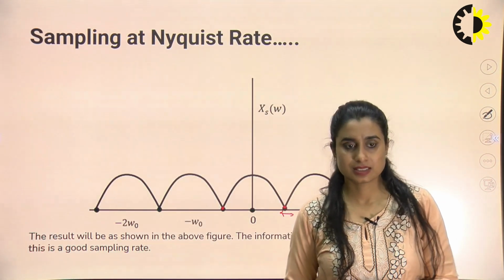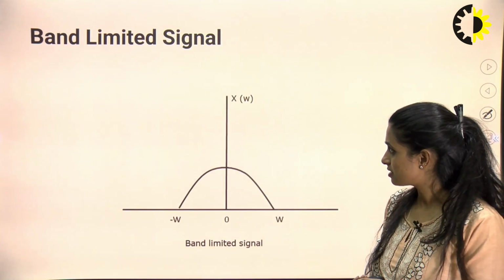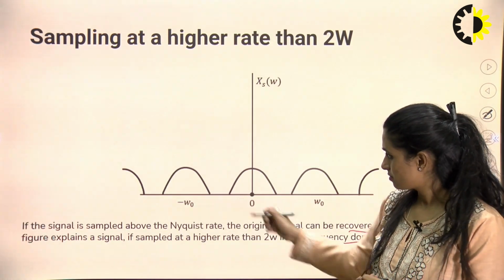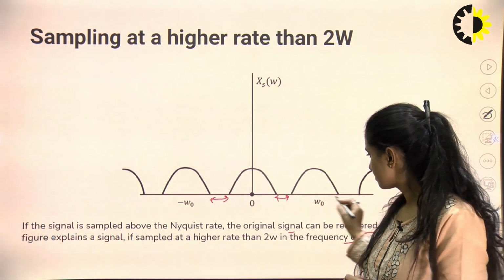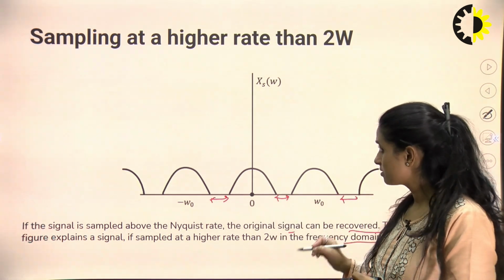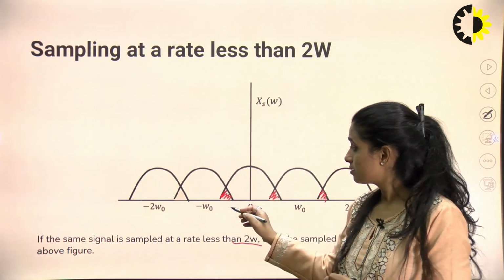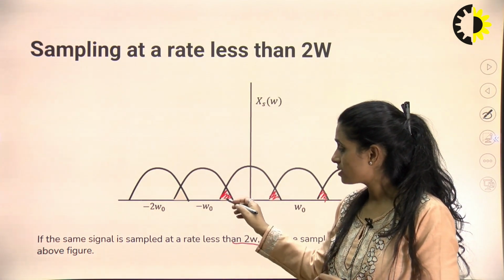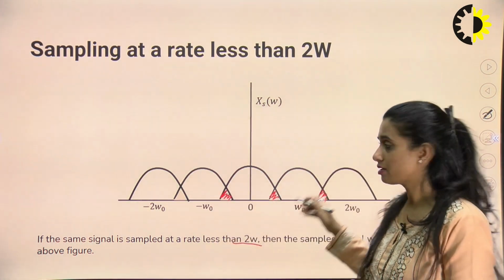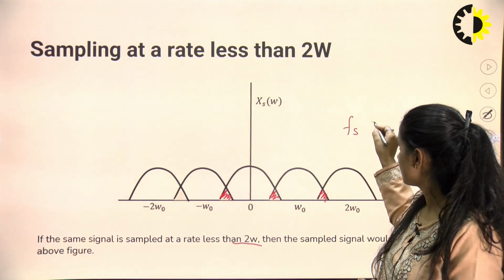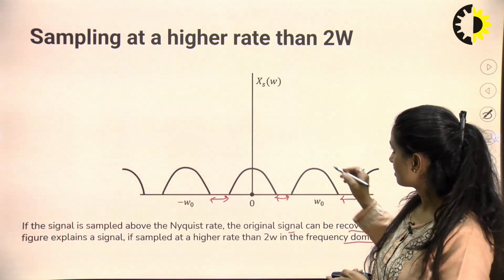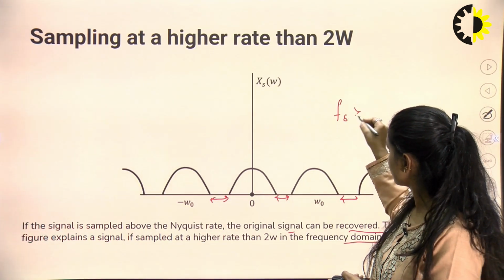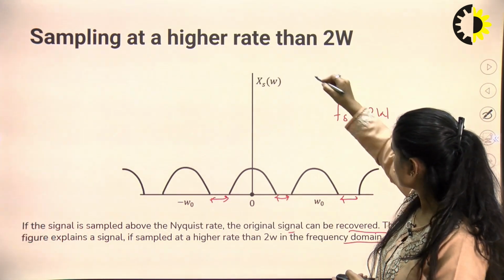Now, these are the three cases. Let's give it a look again. At a rate higher than the Nyquist rate. At a rate lower than the Nyquist rate. This is the case when Fs is less than 2W. This is the case when Fs is greater than 2W. This is the preferred one.